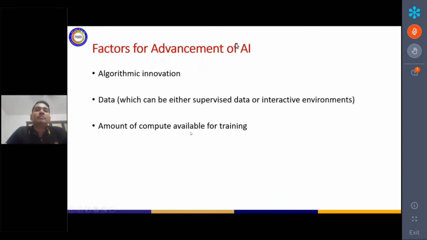The amount increases and the compute intensity also will increase, right? So with these factors of advancement of AI, it is necessary to understand the computation complexity of AI algorithms, right?